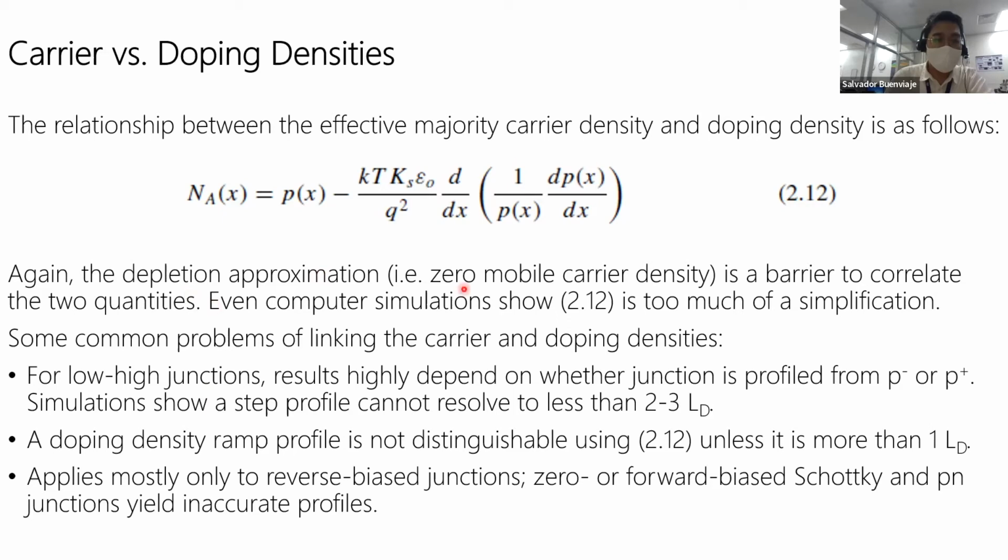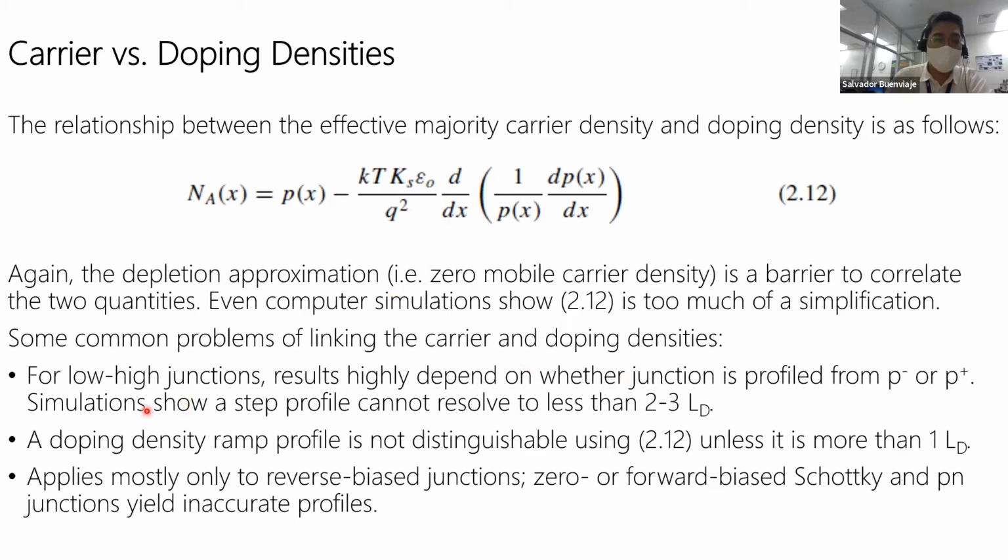Again, the depletion approximation proves that there is a significant deviation between the two quantities, and here it proves that even computer simulations show that this equation is too much of a simplification. So in Schroder, there are some cases given about the common problems in correlating these two quantities.